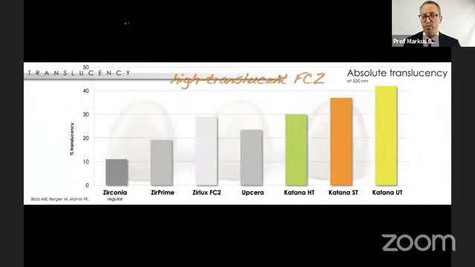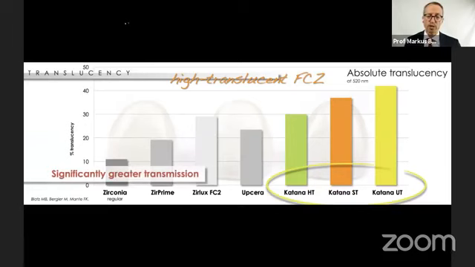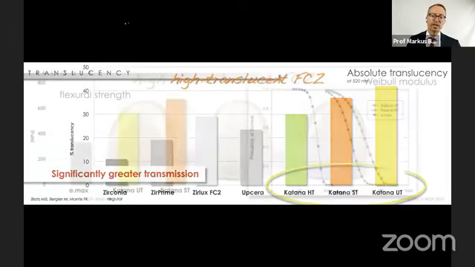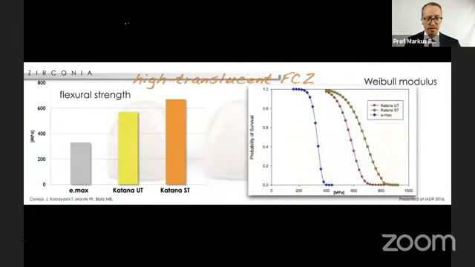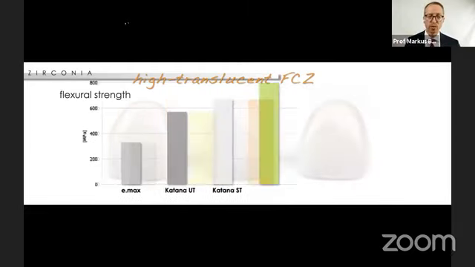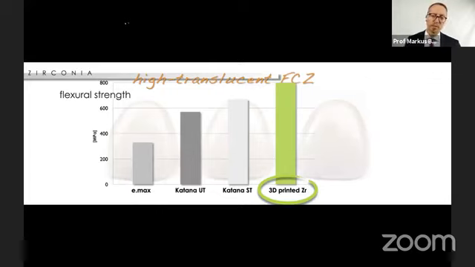They are much more translucent, but the fracture strength is much less than the conventional zirconia, still more than silica-based ceramics, but much less than conventional zirconia. That's why you have to be careful and have the right thickness to make that work. And by the way, we are now even starting to talk about printed zirconia, and we're looking into those options as well.